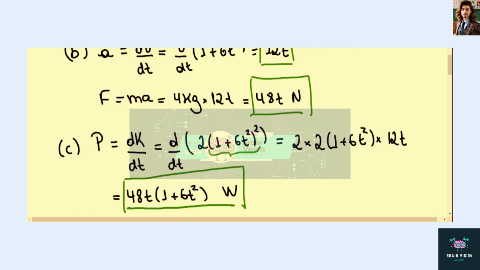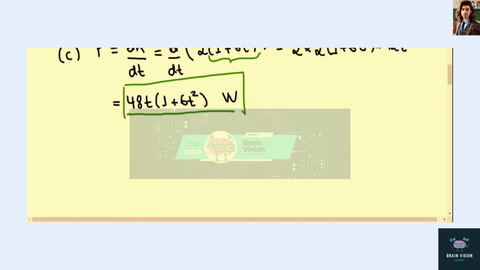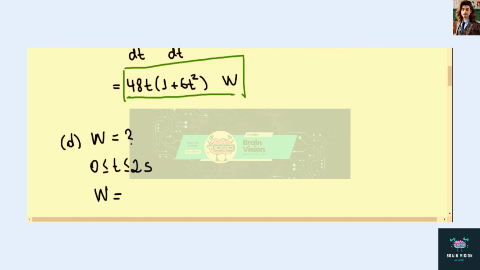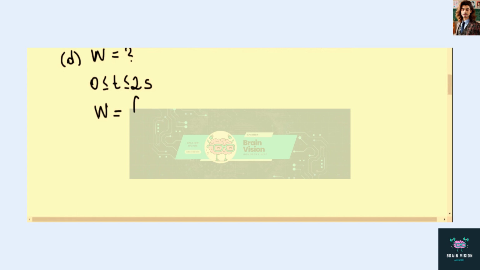And finally, in question D, we have to calculate the work that is exerted over the system between the times of 0 and 2 seconds. Okay, so notice that the work is equal to the integral of the power exerted over the system times t from 0 to 2.